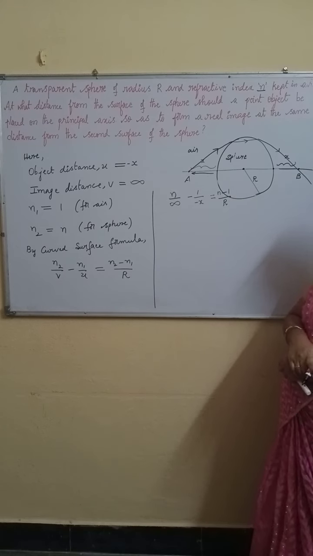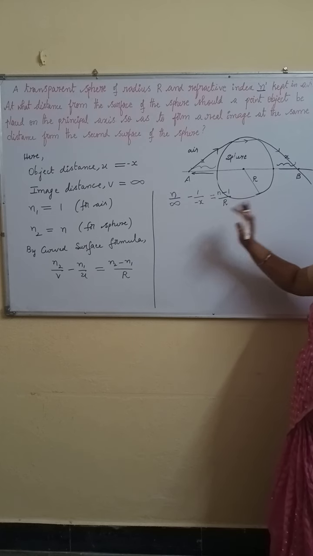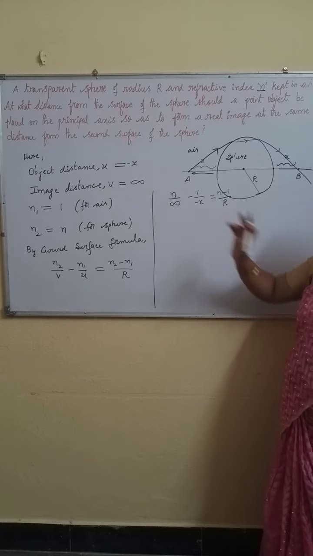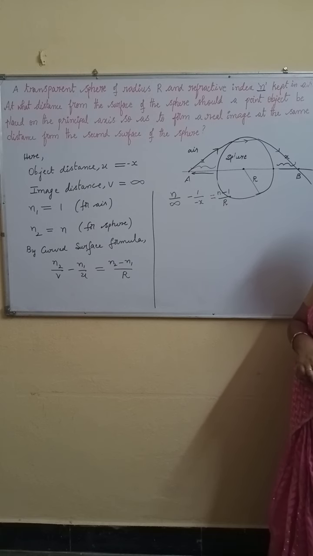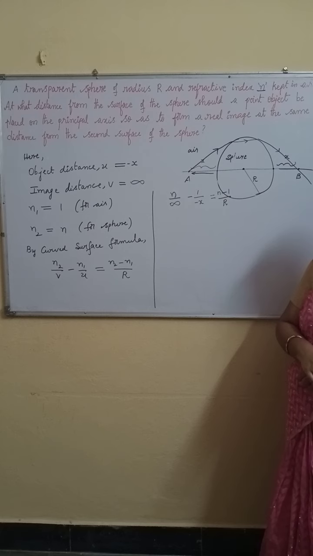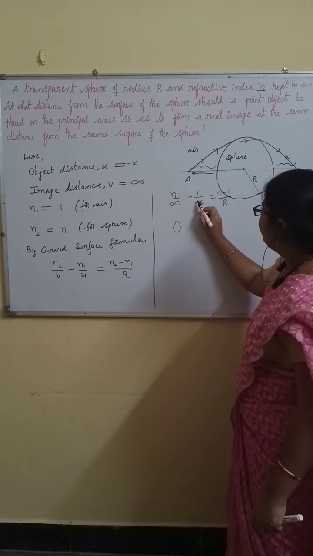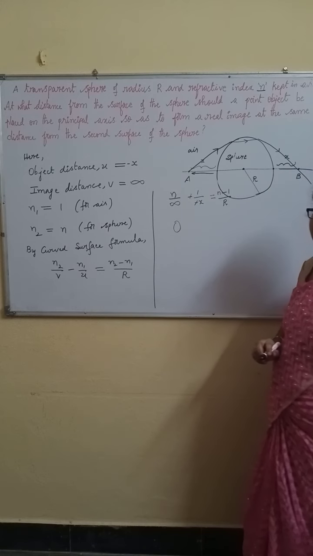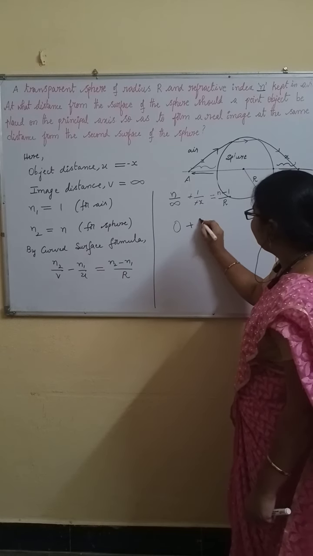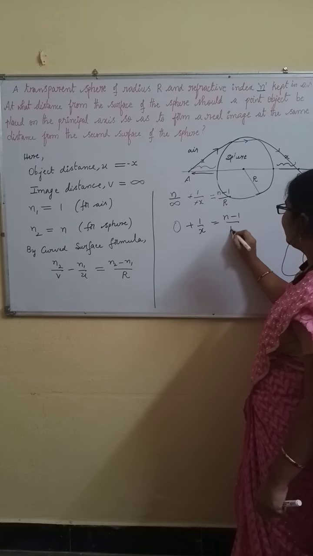Now here, n by infinity, how much? In the denominator, infinity is there, so its value is 0. Minus minus will get cancelled. So this is 1 by x is equal to n minus 1 by r.